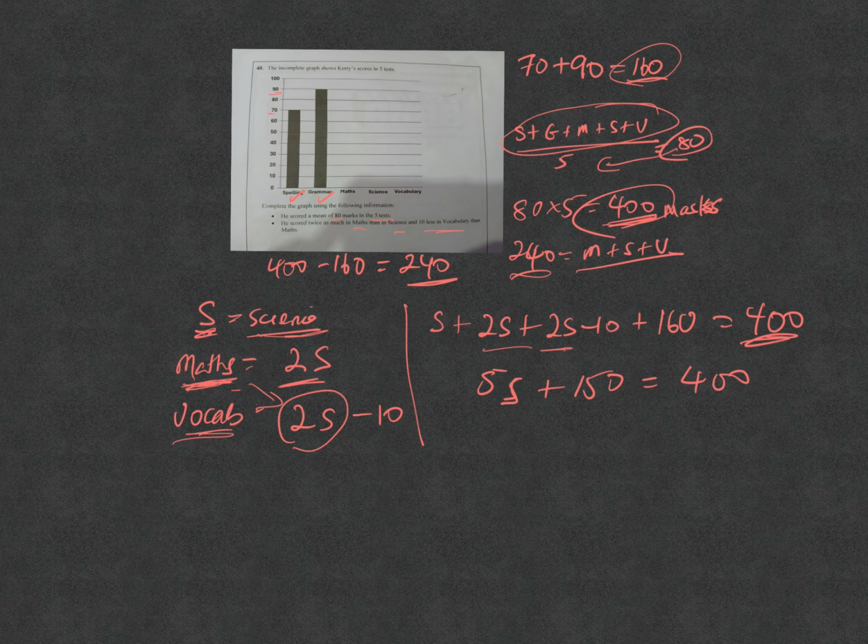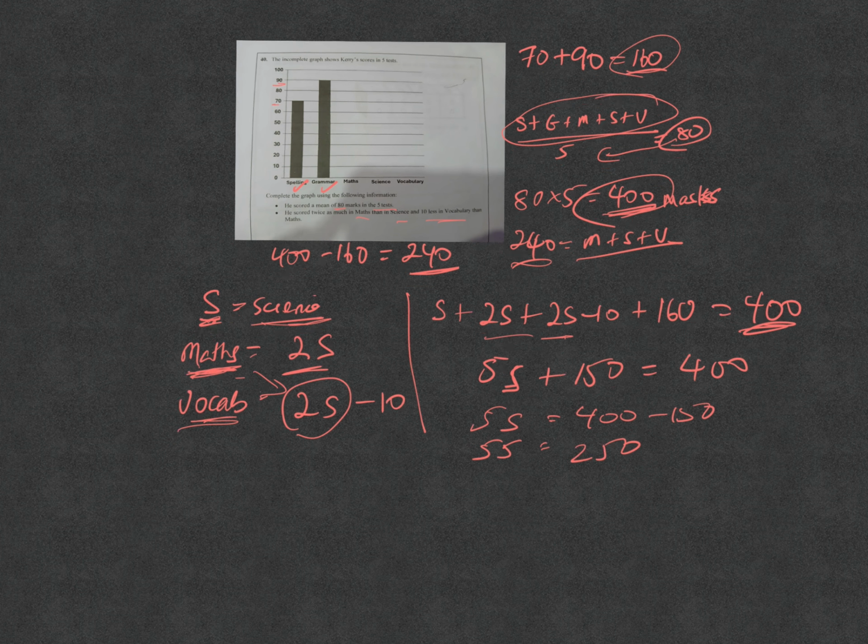So 5S plus 150 equals 400, and therefore 5S would be equal to 400 minus 150. 5S would be equal to 250. So let me scroll down.